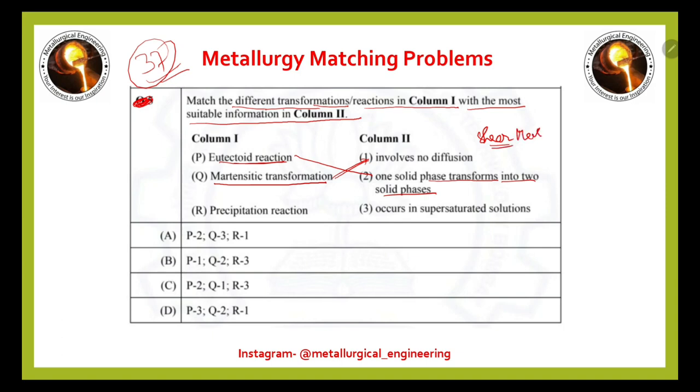Shear mechanism also involves athermal transformation and is diffusionless. These are all the types which can be associated with the martensitic transformation, and this precipitation reaction occurs in supersaturated solid solutions. So the right answer is C part, P3 Q1, P2 Q1 R3.